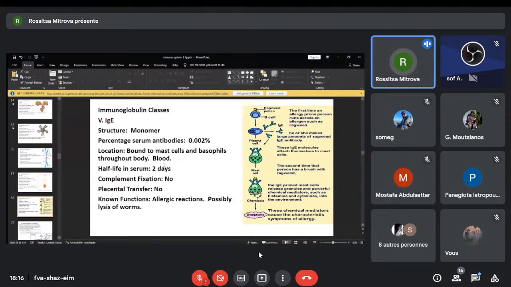It acts in allergic reaction and possibly lyses worms. They have the eosinophils, that contain too much immunoglobulin E in the granules. They can kill worms.